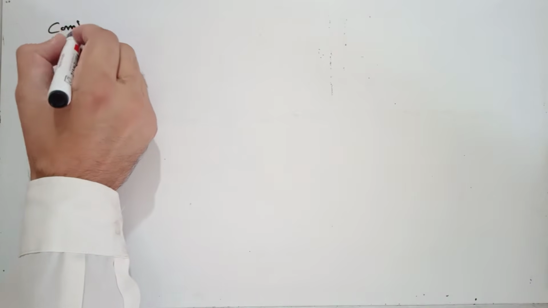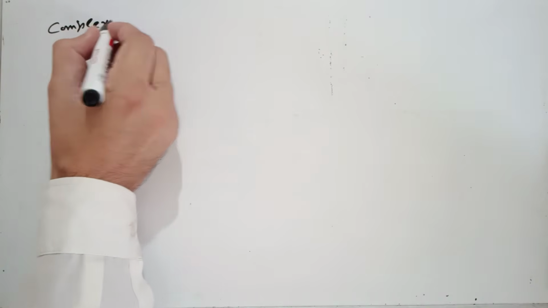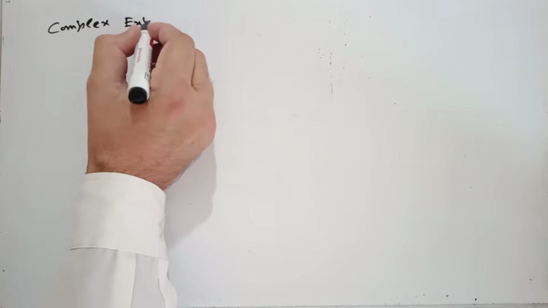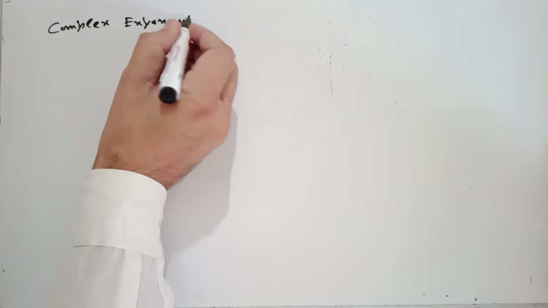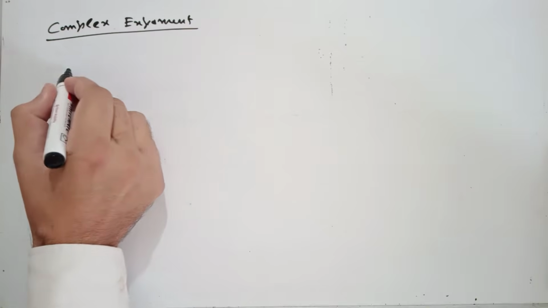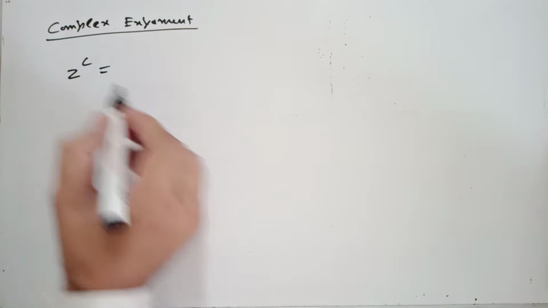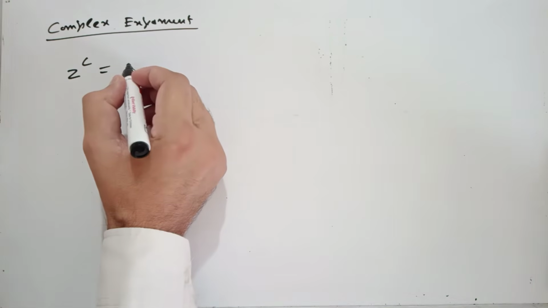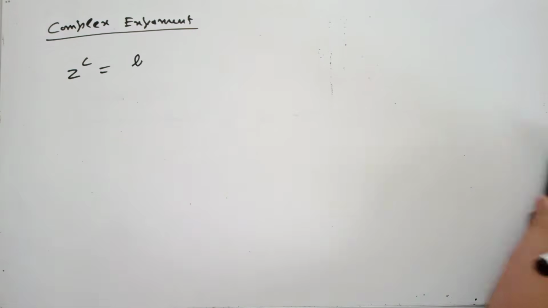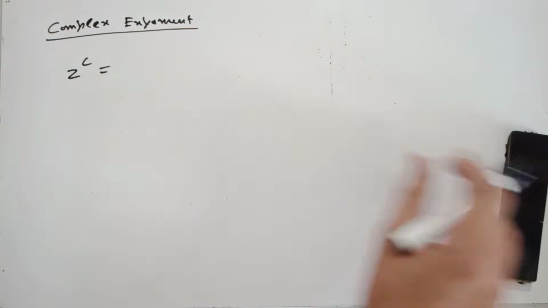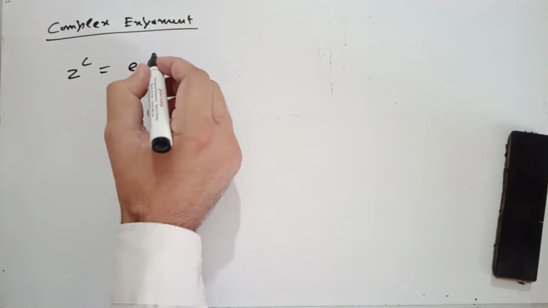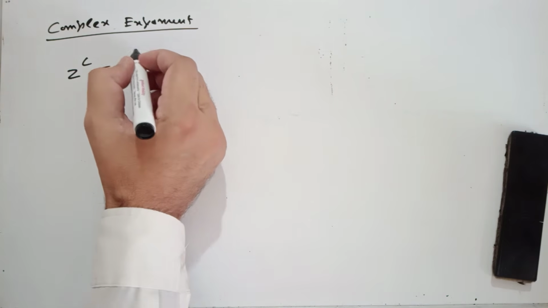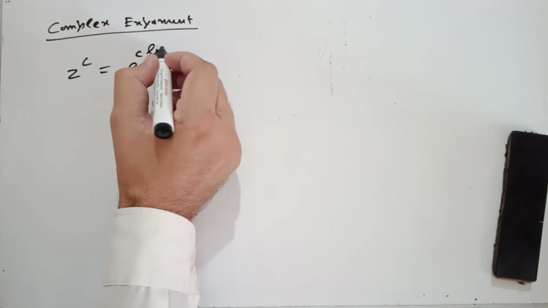Next is complex exponent. Complex exponent means how do you calculate z power c, complex power complex. By definition, it is e power c log z.